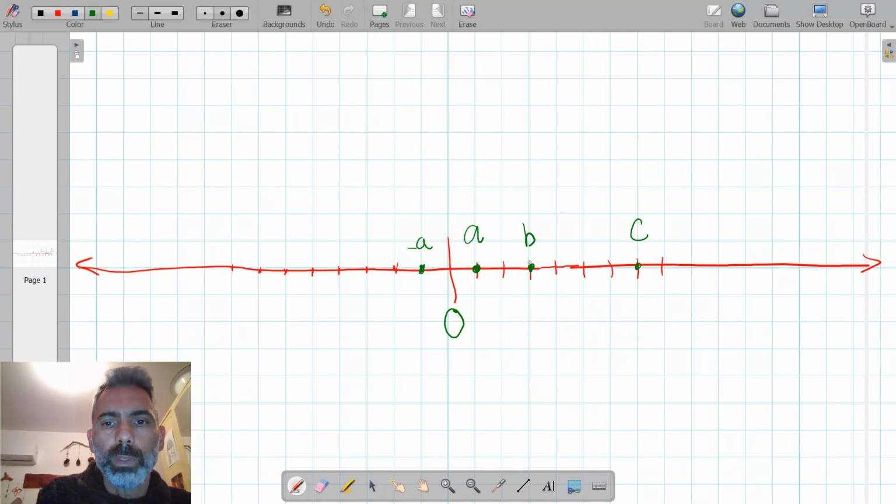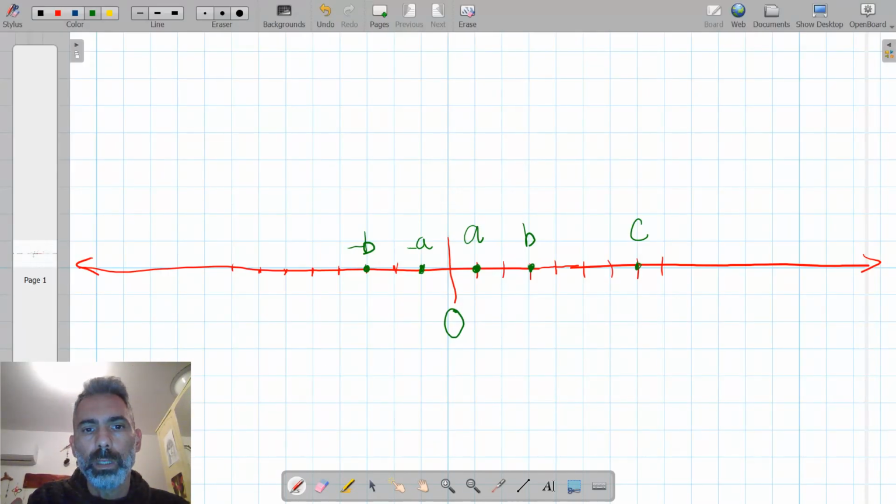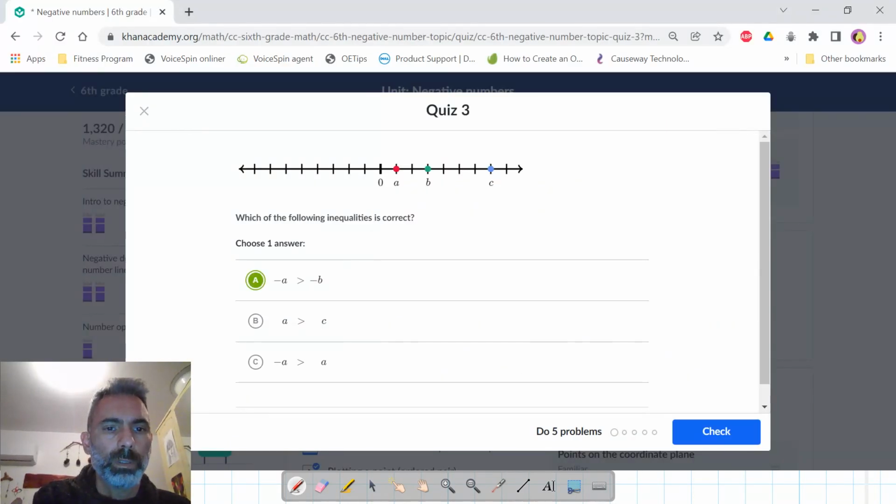Okay, so negative B is 3 steps to the left of the 0. So negative A is indeed greater than negative B because it is to the right of negative B. So this is correct.